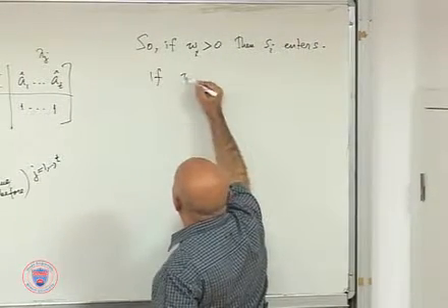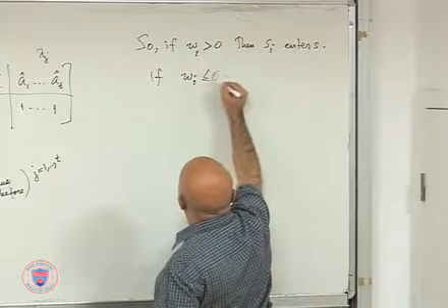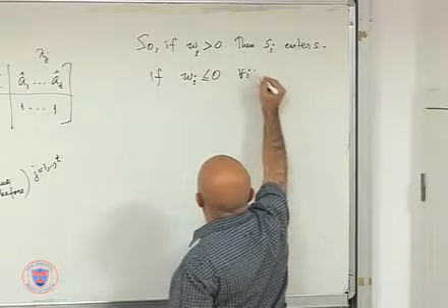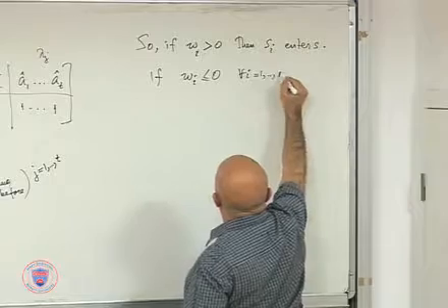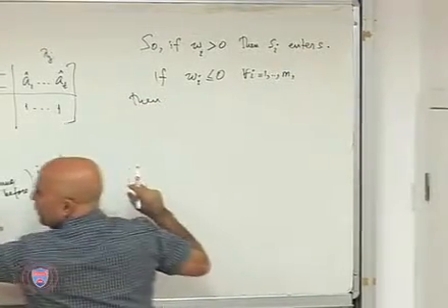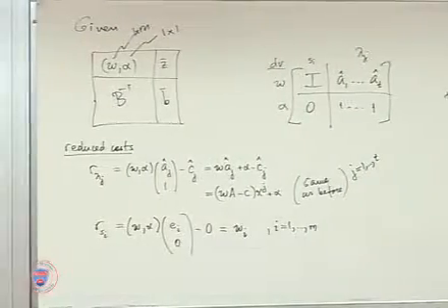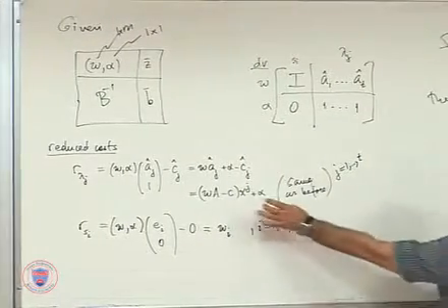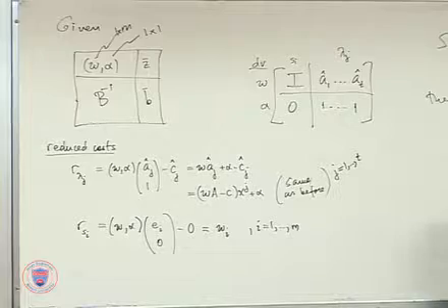If Wi are less than or equal to 0 for all i, then we need to still look for the maximum reduced cost associated with the lambdas.